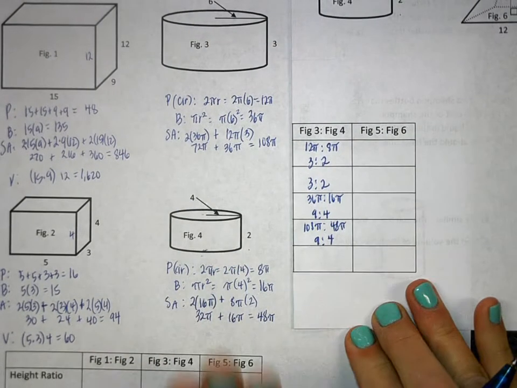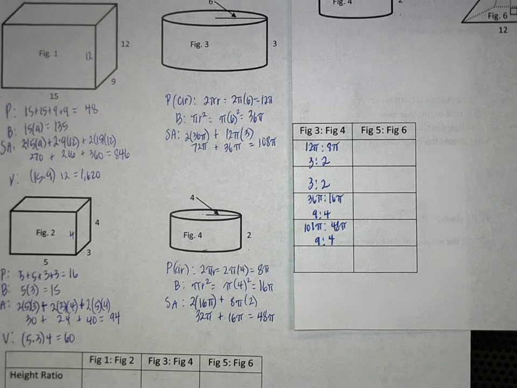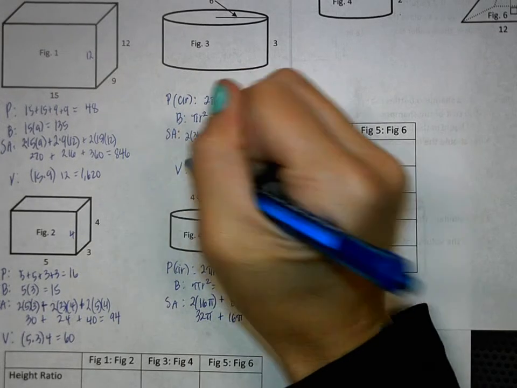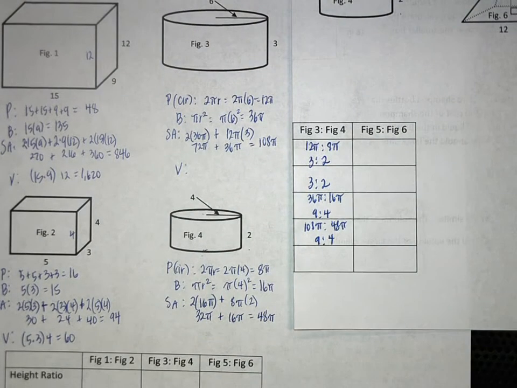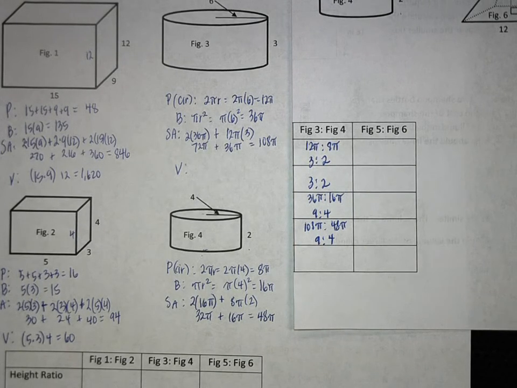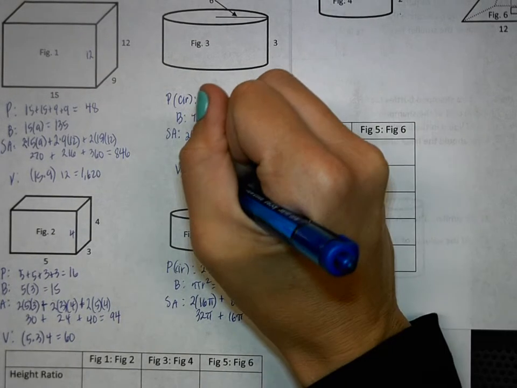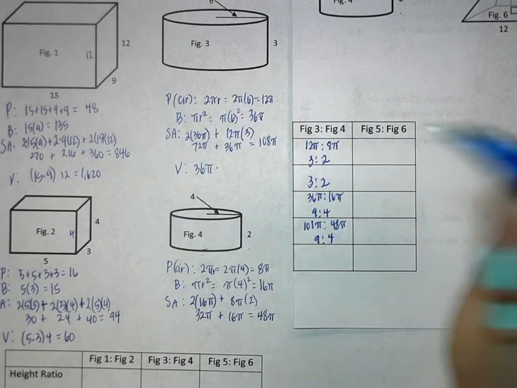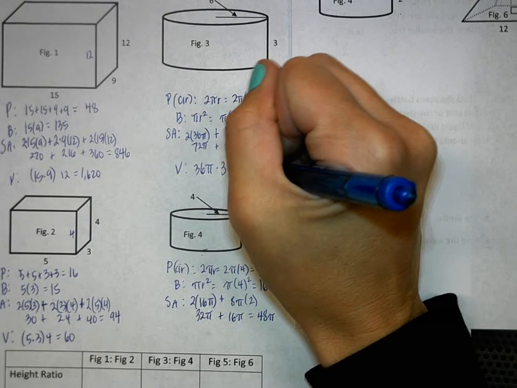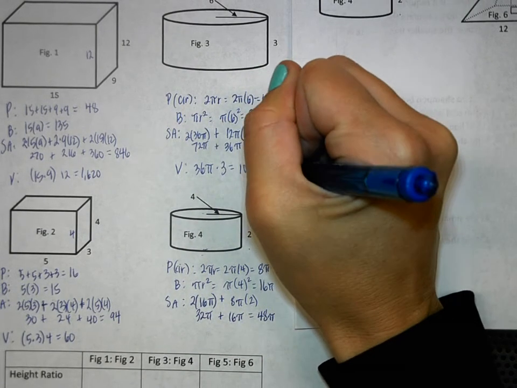All right, last one for this one is our volume now. So volume is always base area times the height. Do I already know my base area? What is it? Good. 36 pi times my height, which is 3. And we multiply that, and I get 108 pi again.